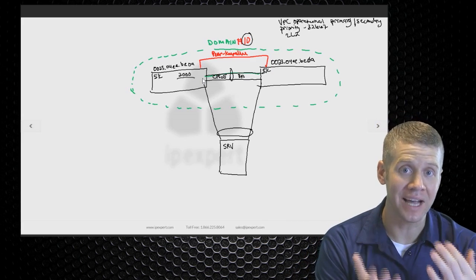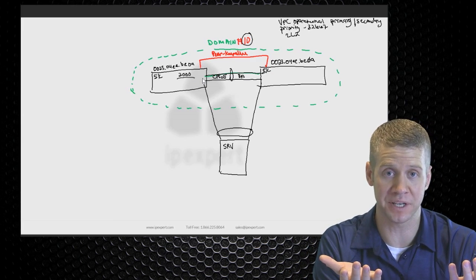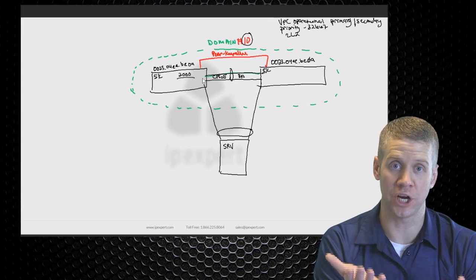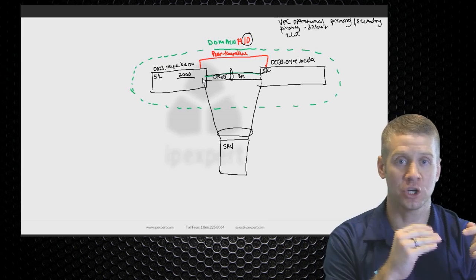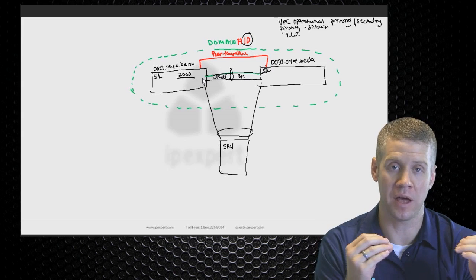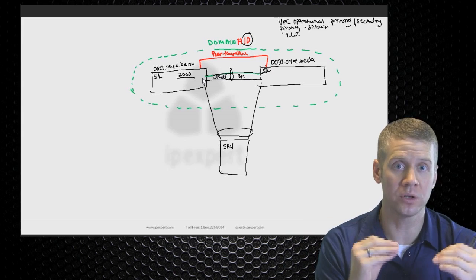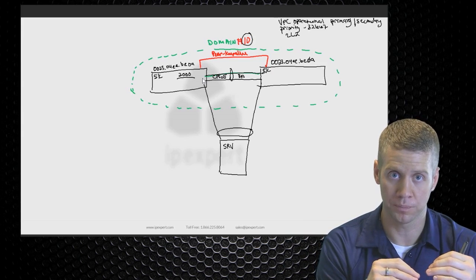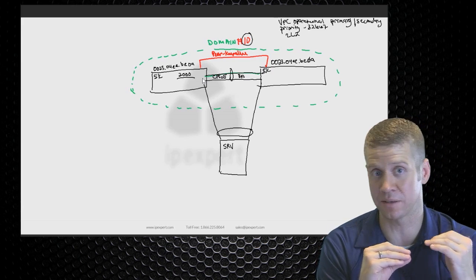When this election happens, when we first bring up the VPC domain, they're going to exchange priority values. They're going to exchange their built-in system MACs and append that with the priority value. So whoever has the lower priority will take over the VPC primary role. If they're both equal, it's going to be whoever has the lowest system MAC.